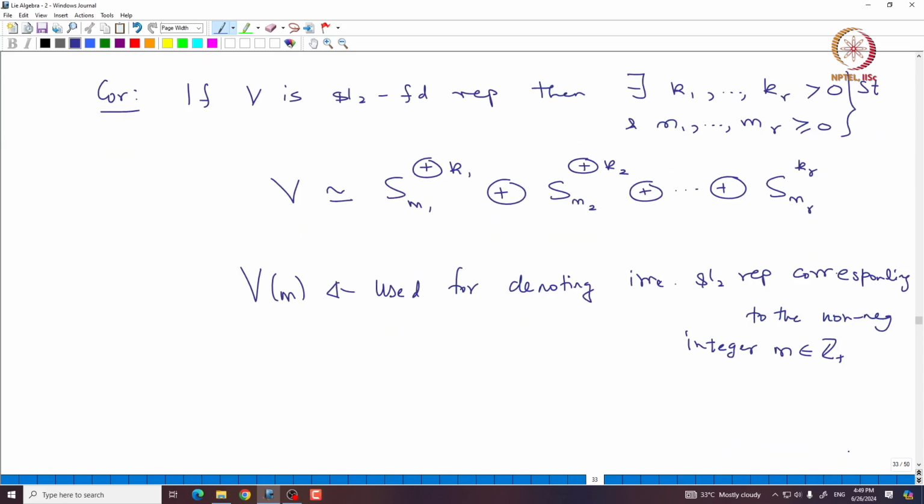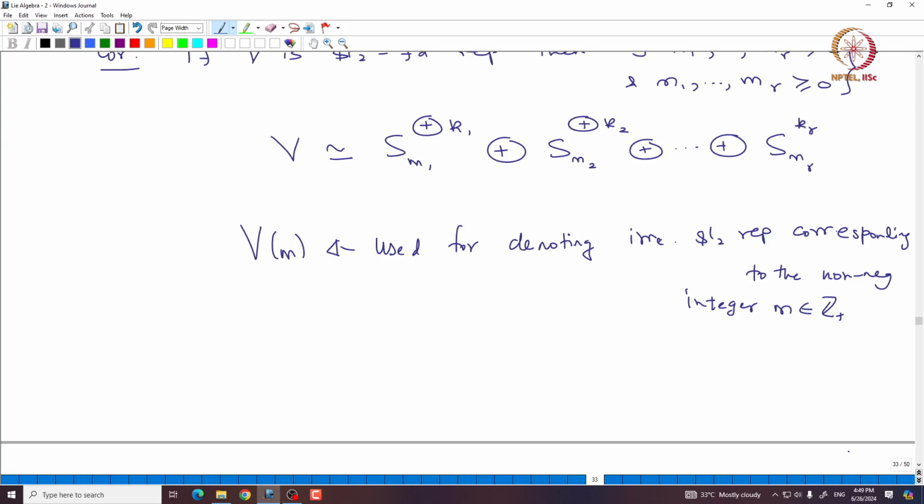Okay. So, this is what, for example, Humphreys or Anderson uses. We will also use this notation in coming classes.